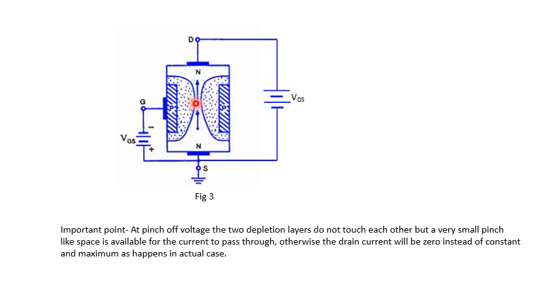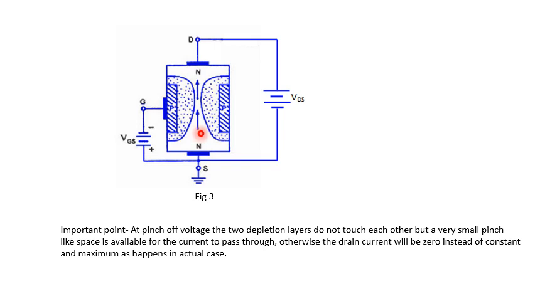If at the pinch-off voltage the two depletion layers touched each other, the channel width would be 0, and when the channel width is 0, the current will be absolutely 0. But as we have seen, at pinch-off voltage the current is not 0, but maximum, and the only noticeable thing is that it becomes constant.